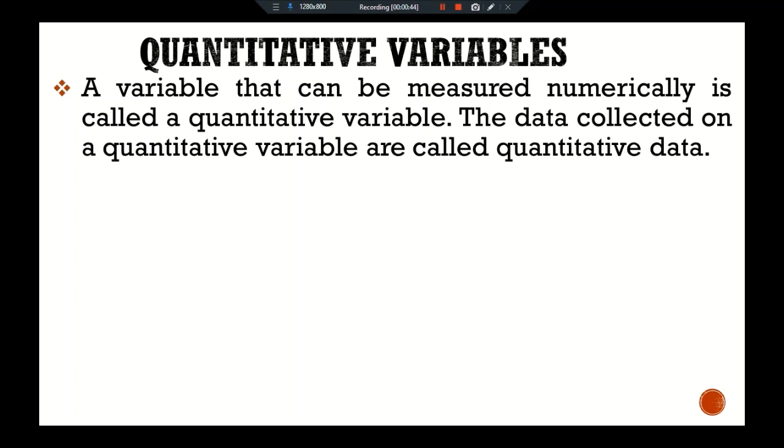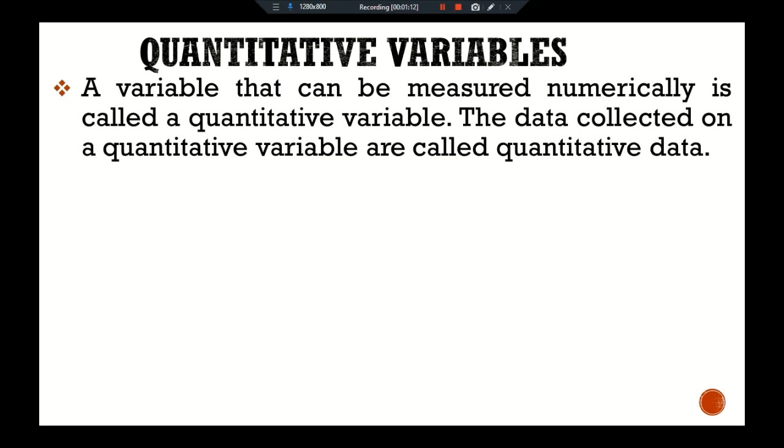For example, income, height, gross sales, price of homes, number of cars owned, and number of accidents are examples of quantitative variables because each of them can be expressed numerically. For example, the income of a family may be 50,000, 60,000, 70,000 or 100,000.